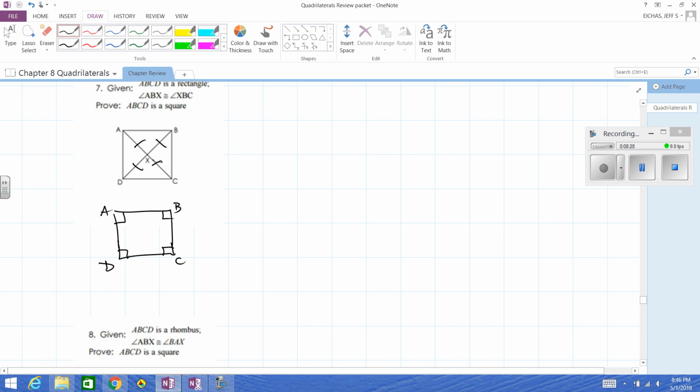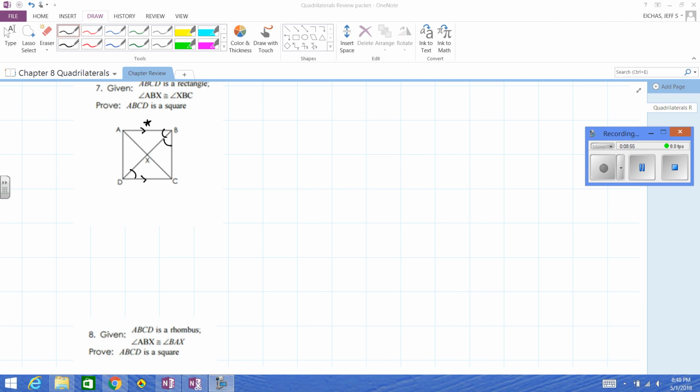Now the fact that angle ABX is congruent to XBC will be able to give us some information to continue with. Now to make this a square, if we have a rectangle, what we kind of need is AB congruent to BC somehow. If we can get that, we'll be able to finish it off.